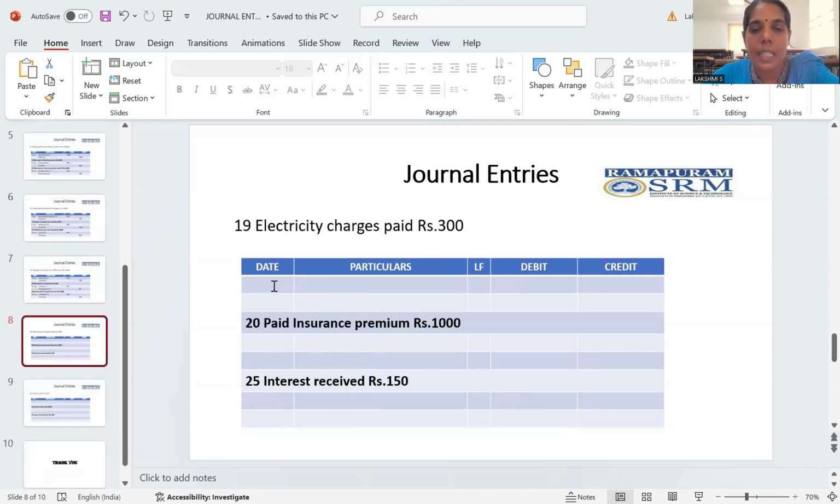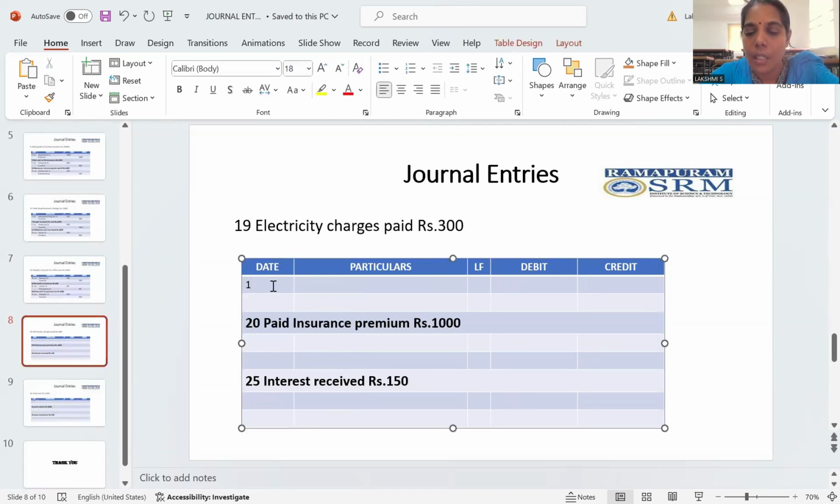Next one is 19th January, electricity charges paid. The cash goes out of the business, to cash account. We paid cash in the form of electricity. Electricity charges account debit to cash account, rupees 300.